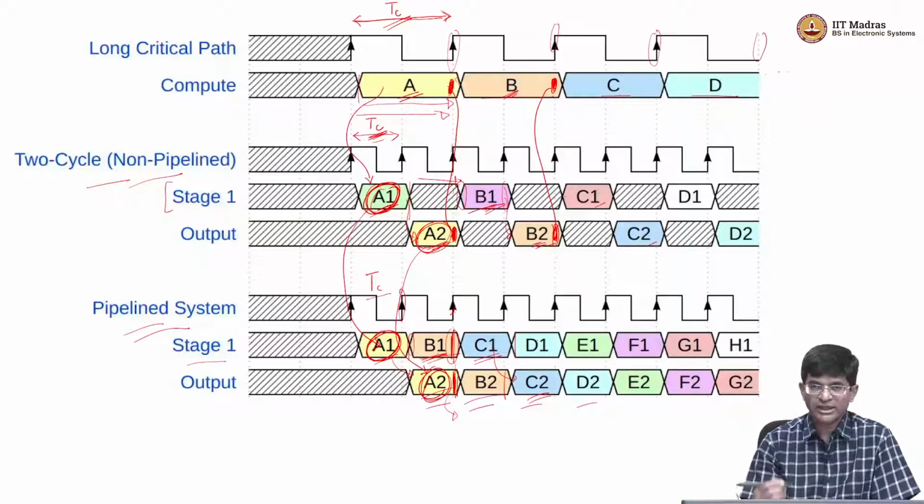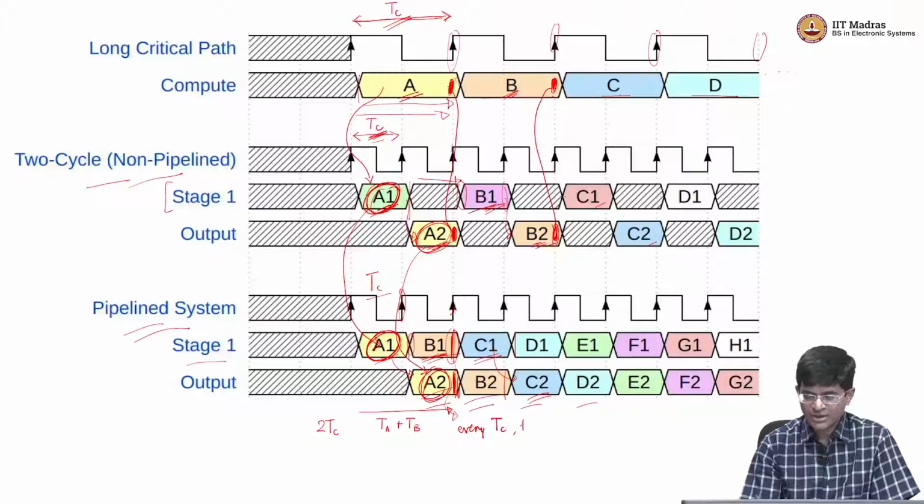So if you look carefully, what you will notice is that even though the time required to compute the first A was still equal to TA plus TB, or more importantly, 2 times the clock period, what happens after that is every TC there is a new output.